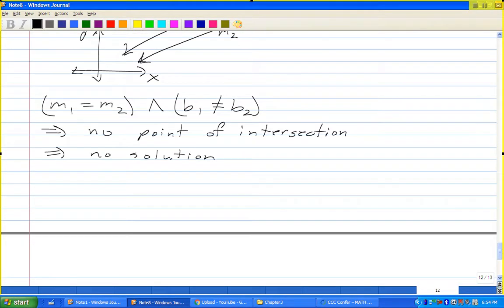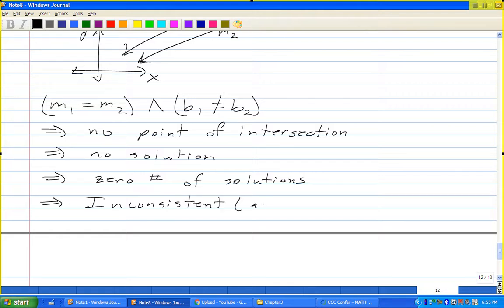Here we have 0 solutions. This is called an inconsistent system. Of course, it's also independent.